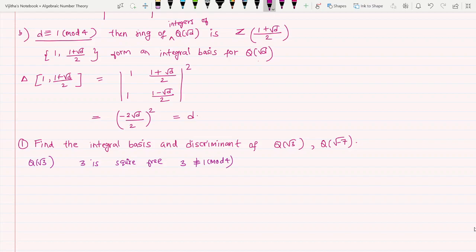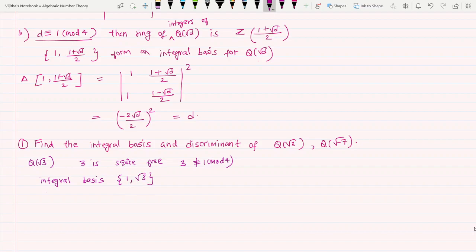So it comes under case A of the previous theorem. In the previous theorem we had case A and case B. So in this case the integral basis, by theorem 3.3, is 1 comma root d. So here it is 1 comma root 3. This is the integral basis.